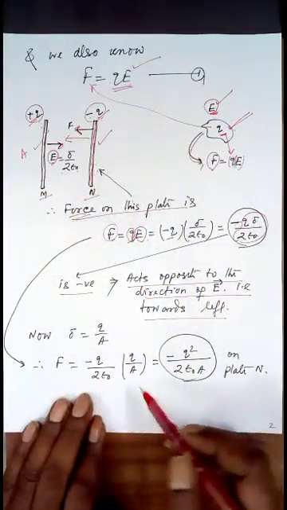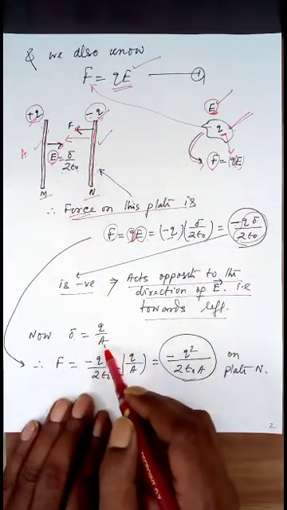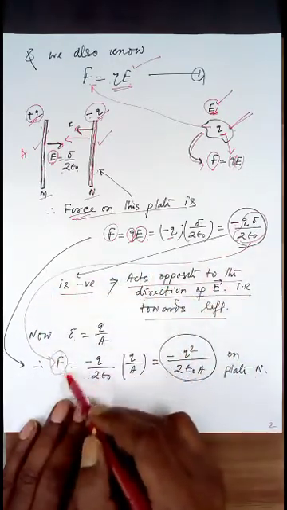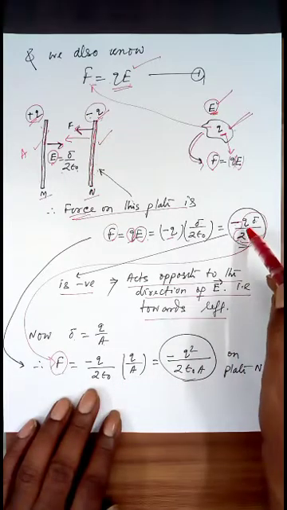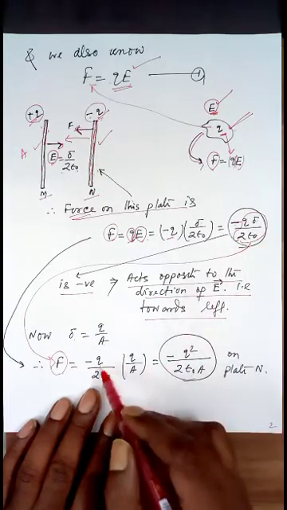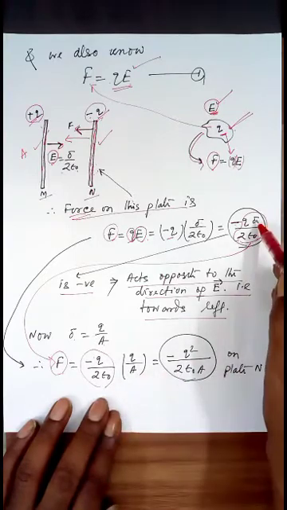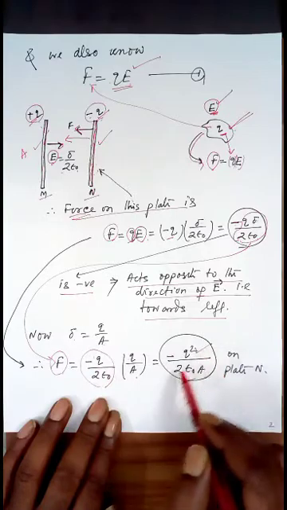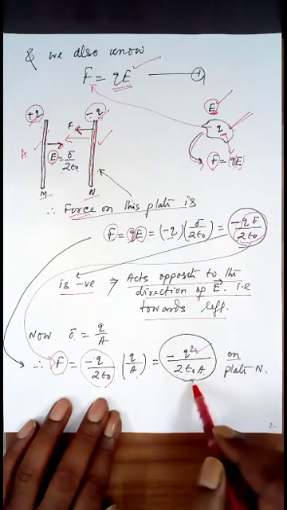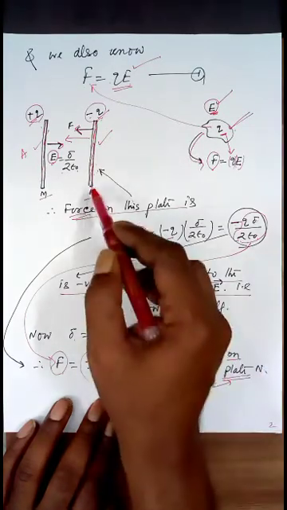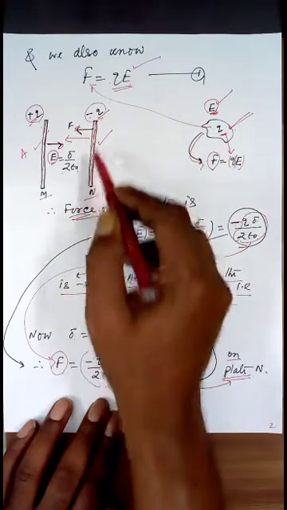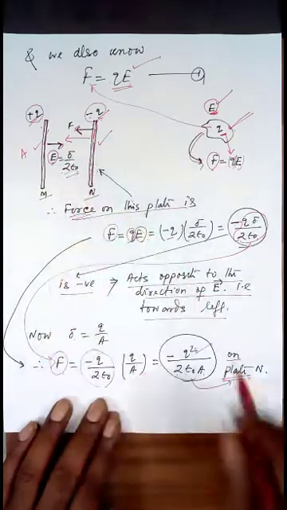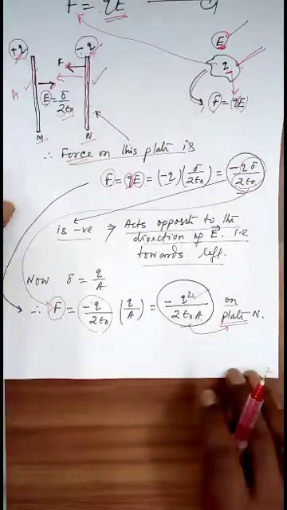Now sigma is equal to charge over area. So this expression can be modified as minus Q by 2 epsilon naught, and for sigma I can write Q by A. So minus Q square by 2 epsilon naught A. This is the force on plate N having charge minus Q due to the electric field of this plate, that is E equal to sigma by 2 epsilon naught.